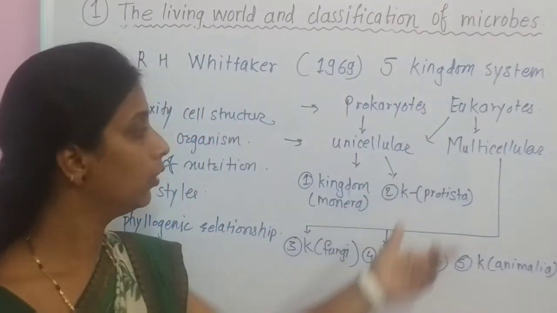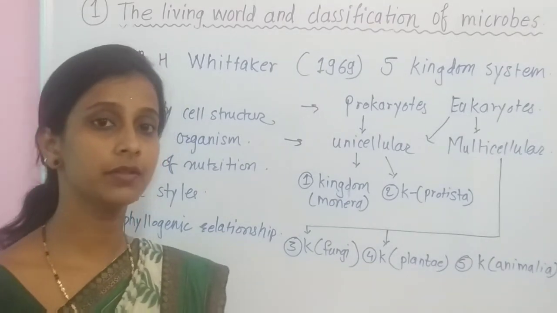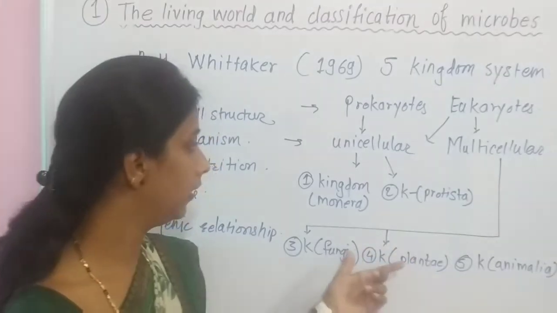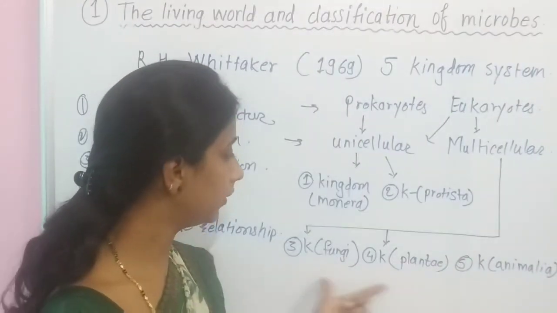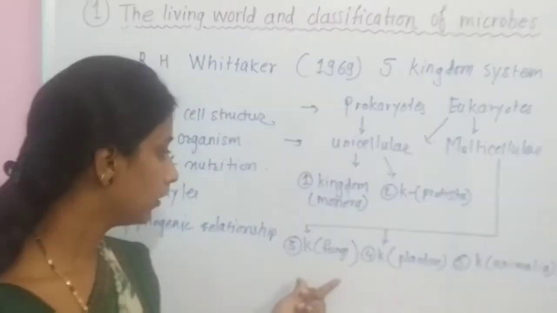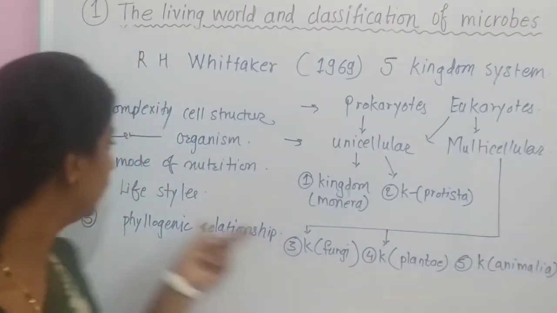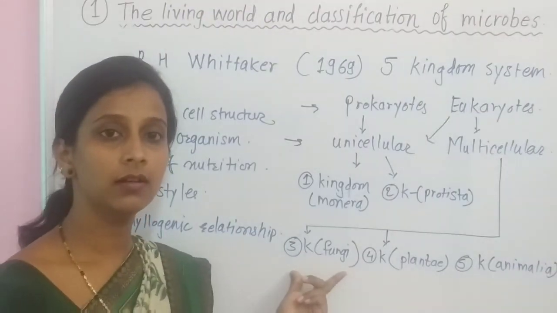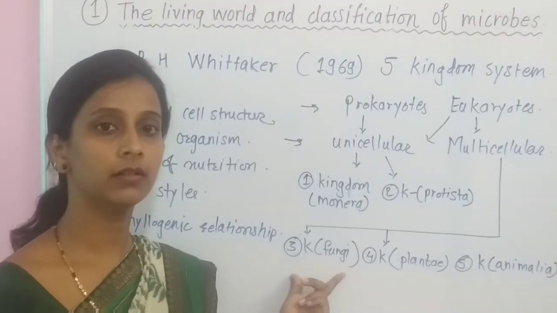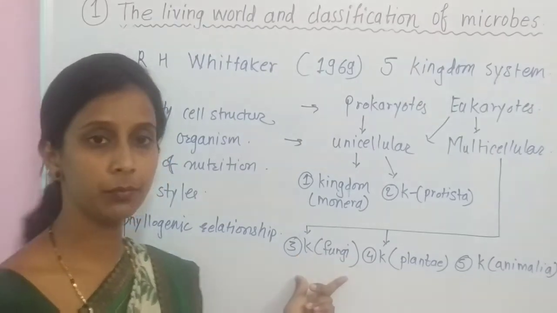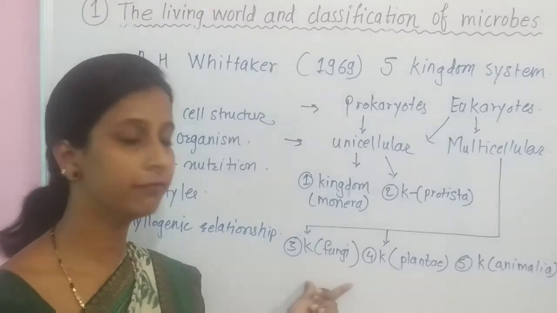So in this way, the whole living world is divided into five groups. First are kingdoms Monera and Protista, and the remaining three kingdoms are eukaryotic multicellular. This is according to the mode of nutrition. Fungi depend upon dead material, and are put into kingdom Fungi.